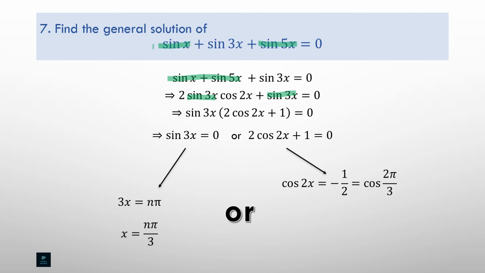Therefore cos of 2x is equal to cos of 2 pi by 3. Applying the theorem for trigonometric equations, we get 2x is equal to 2n pi plus 2 pi by 3, or x is equal to n pi plus pi by 3. Therefore, for this trigonometric equation, the general solution is x is equal to n pi by 3 or x is equal to n pi plus pi by 3.